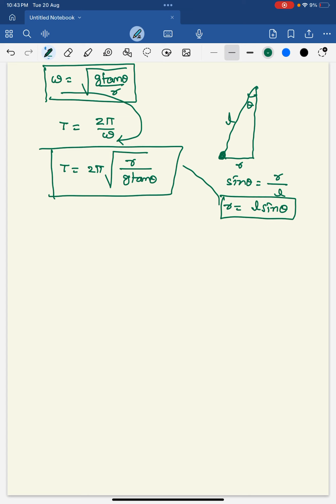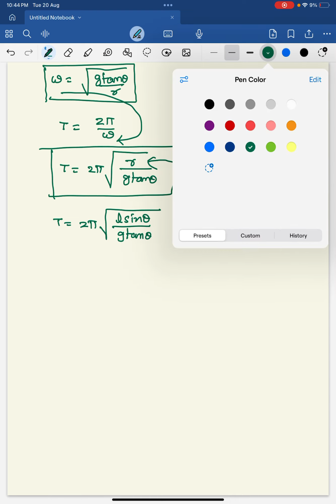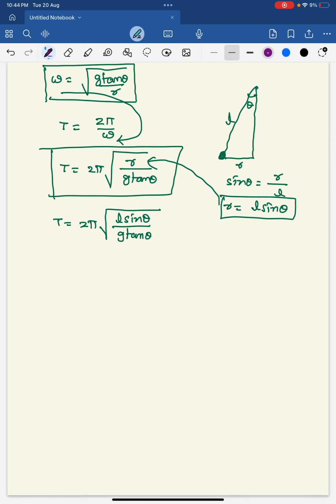If you substitute this r formula here, therefore T is equal to 2 pi root L sine theta by g tan theta. In the denominator we have a tan theta term. According to trigonometry, tan theta is nothing but sine theta by cos theta. Let's see the next step.